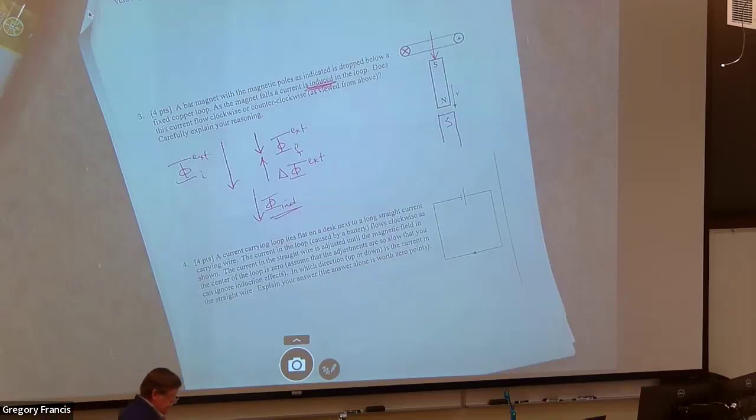Well, that induced current, you got to pay for, okay? Nature demands that energy be conserved. And so the direction of this induced current is always going to be the opposite direction that would be helpful.